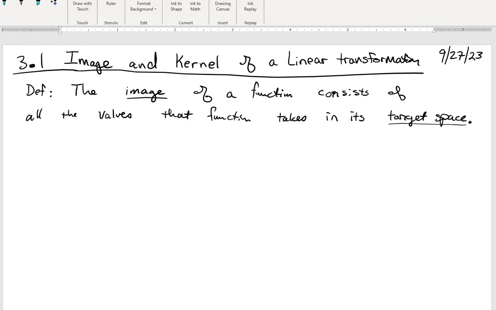That's what that word means. So the word domain means inputs. The word image means the outputs of the function. The word target space is where the outputs of the function live.